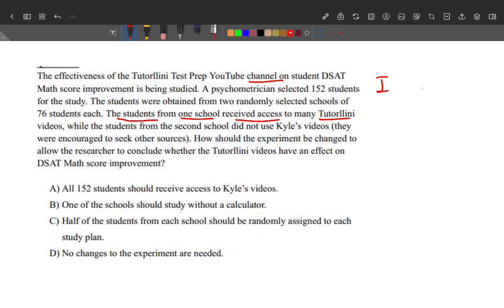Second group did not use Kylie's videos. They were encouraged to seek the other source. It means the second group did not use Kylie's video.